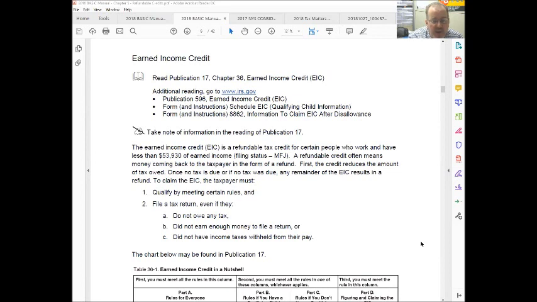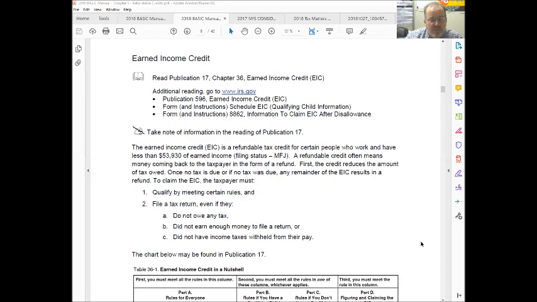It is a credit based on an individual's earned income and their filing status, and it may also include the number of qualifying children or qualifying relatives that they have on as dependents on their return.